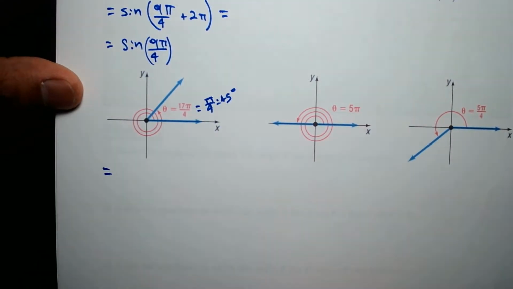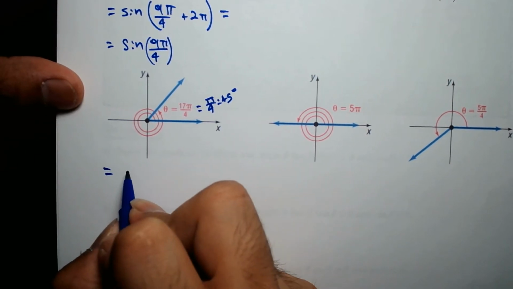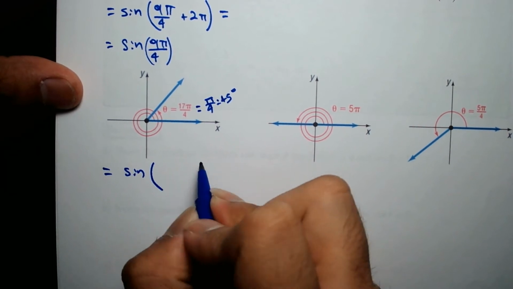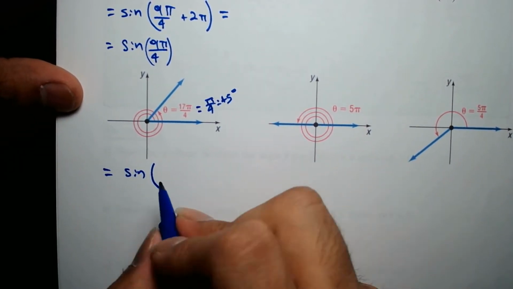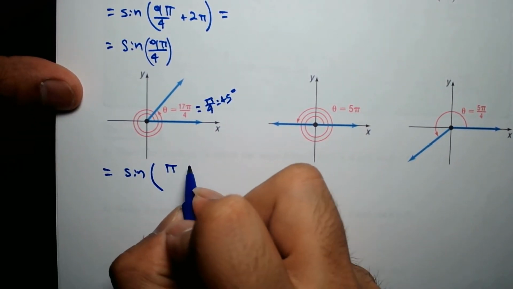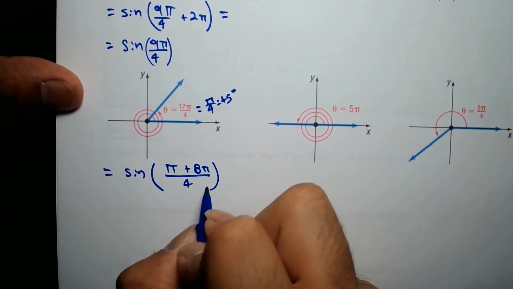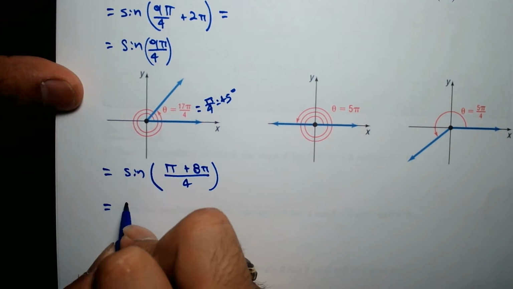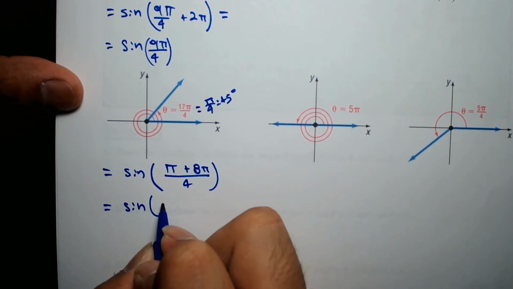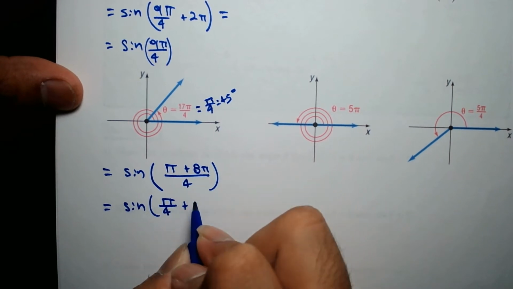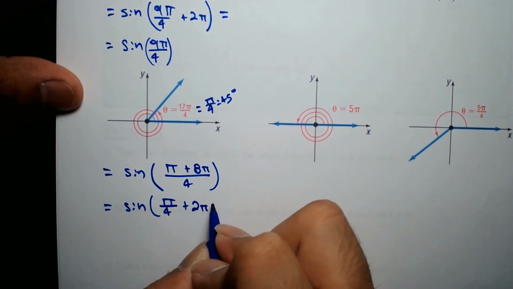I'm going to do the same again in a way that one of the terms, when simplifying, gives me a 2 pi, like in this case pi over 4 plus 8 pi over 4, that's 2 pi.